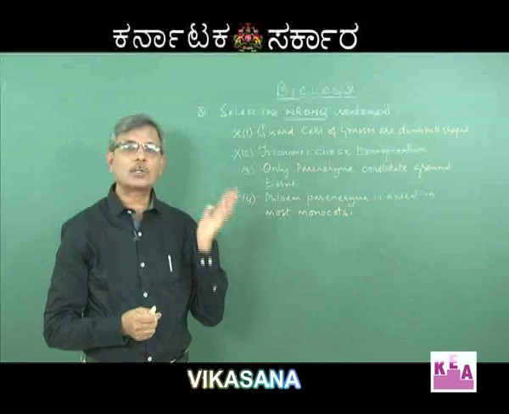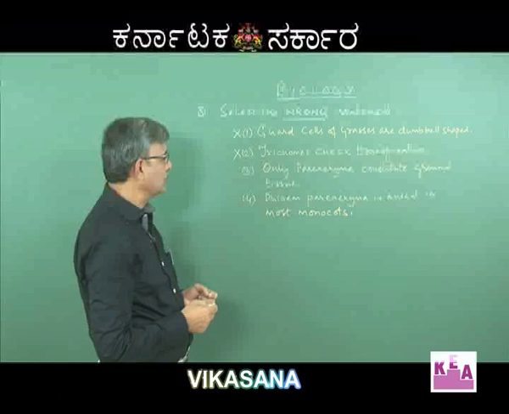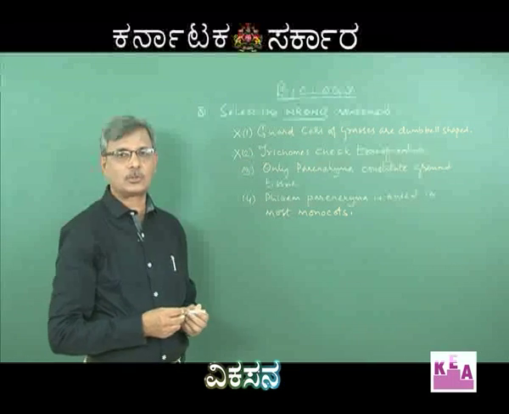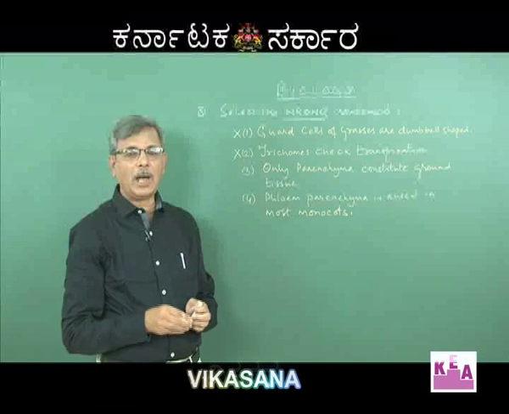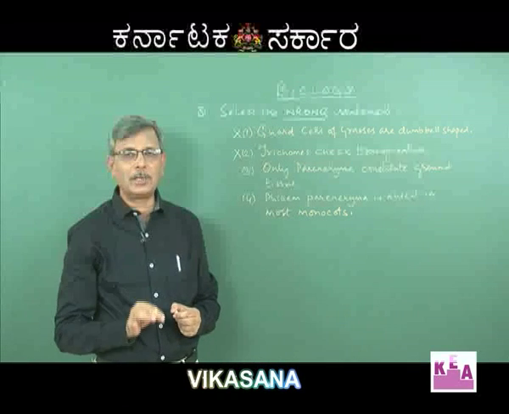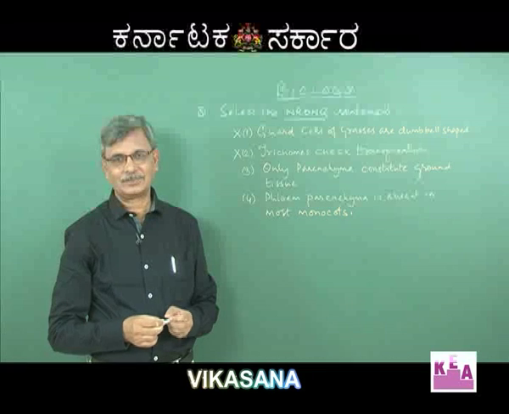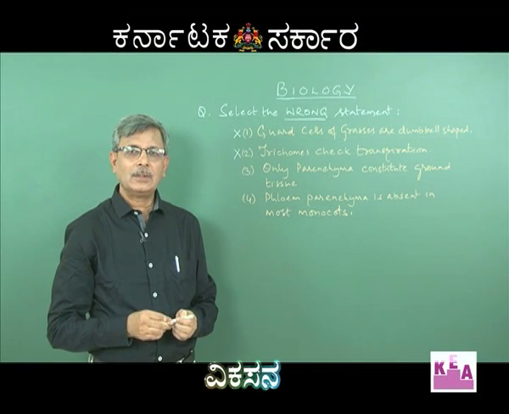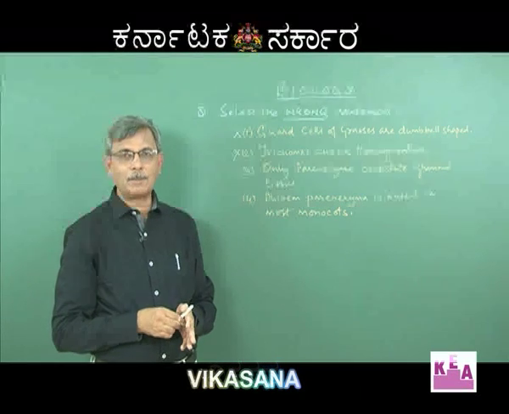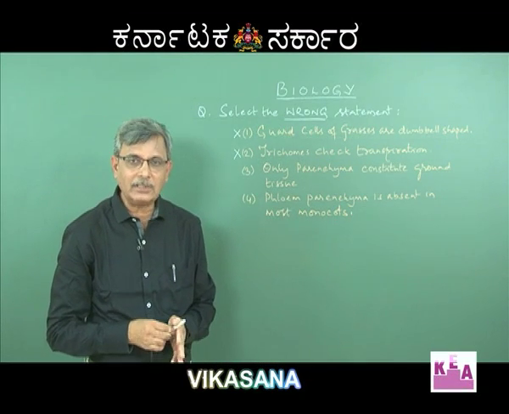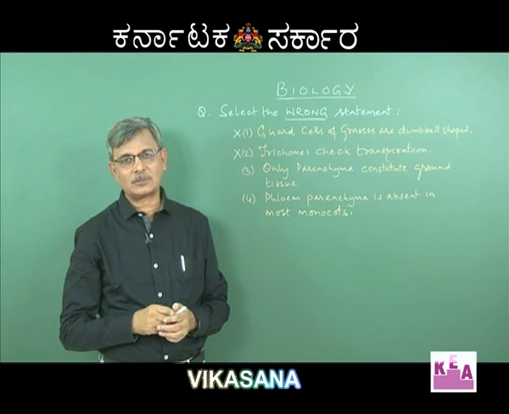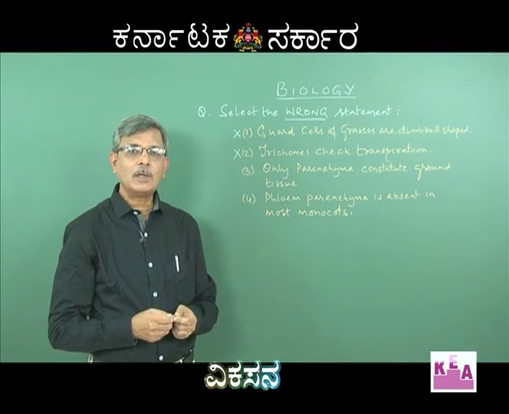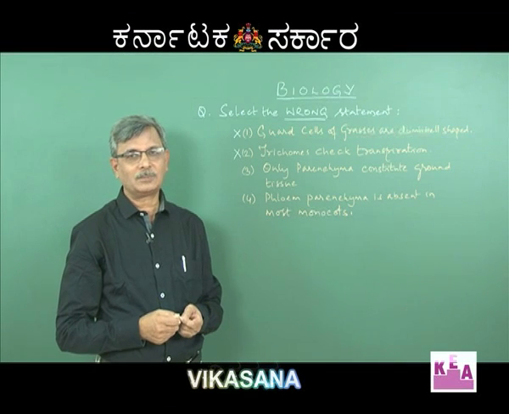Now we come to statement 3. Option 3 says only parenchyma constitutes ground tissue. Remember, parenchyma is a simple permanent storage tissue. It is quite abundant in the plant body. In your text you have studied there are 3 tissue systems: epidermal tissue system, ground tissue system, vascular tissue system.